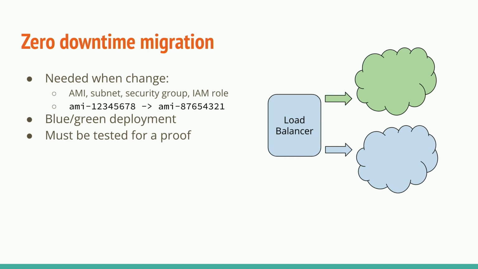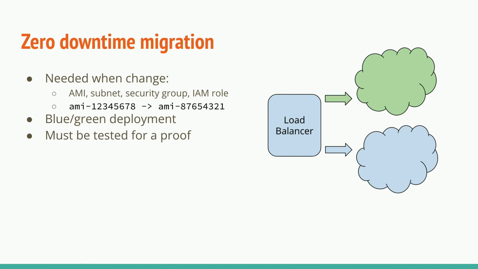Plus, in several cases, you need to change the autoscaling group as well when you change subnet or security groups. So these are relatively destructive changes, but you still have to do it, and you still have to make sure that there is no service disruption, ProxySQL up and running.